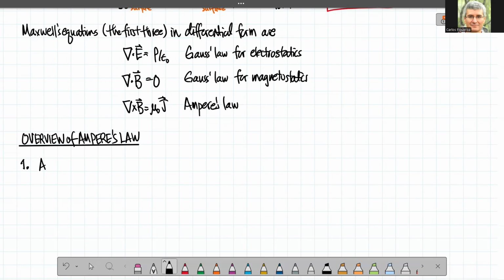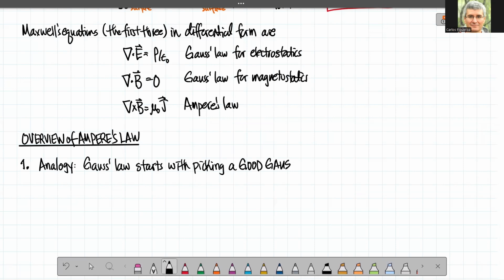So I'm going to start off with an analogy before I get to Ampere's law. And the analogy says that Gauss's law starts with picking a good Gaussian surface.